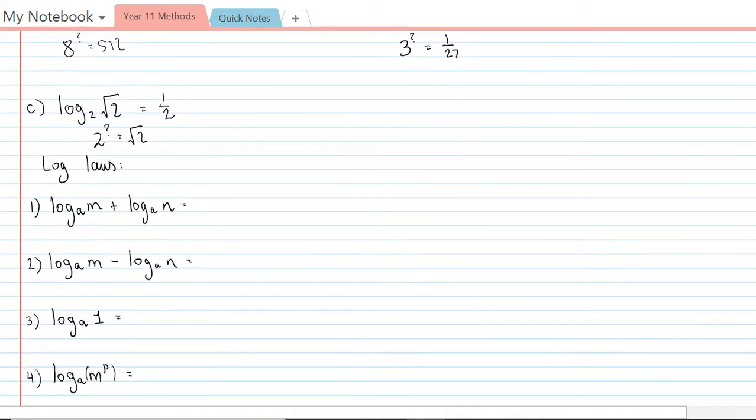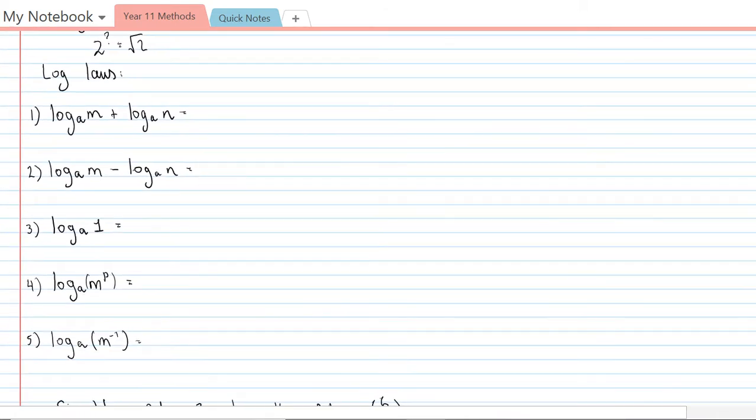We have log laws just like we have index laws, and you'll see here that these are more or less the opposite of the index laws. So the first one, we have log A of m plus log A of n. We're adding these here, so what we're going to do to simplify it is take log base A of mn. The two things that are inside the log function get multiplied.